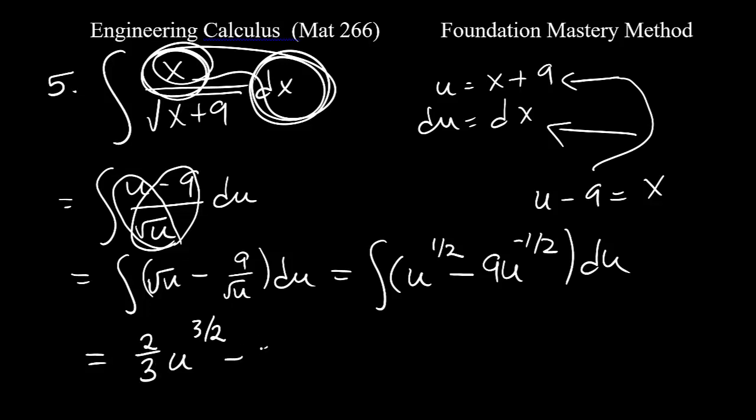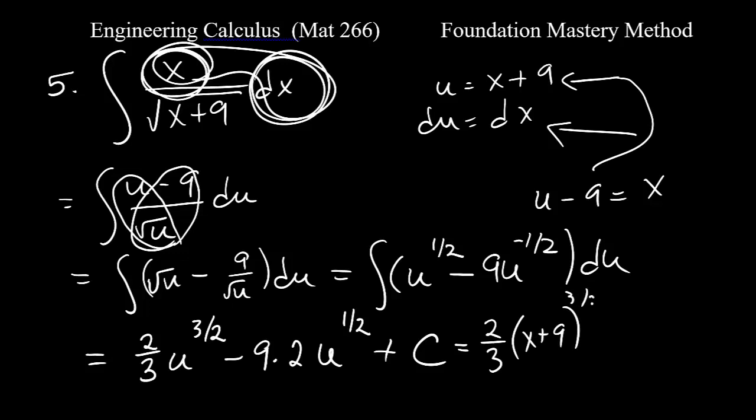And then we'll have minus 9 times u to the 1/2 power, and we'll multiply by 2, plus our constant of integration. And then using our back substitution, we'll have 2/3 (x plus 9) to the 3/2 power minus 18 times (x plus 9) to the 1/2 power, plus our constant of integration.